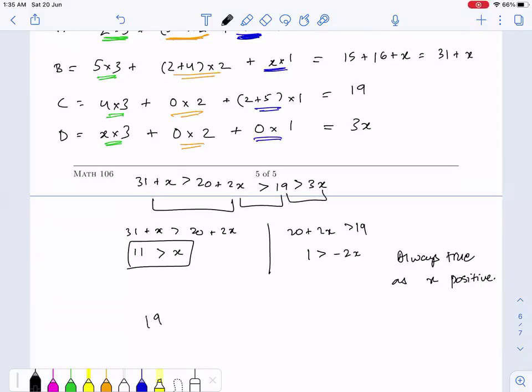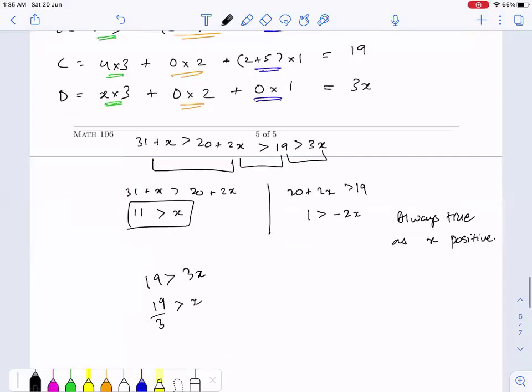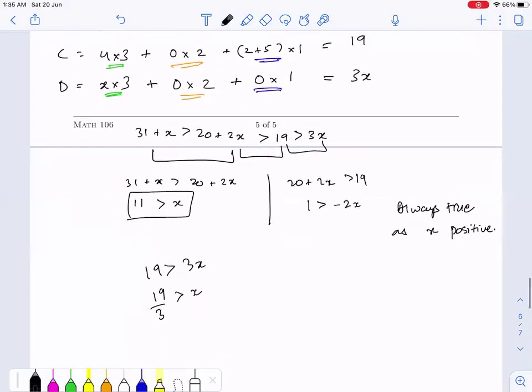Finally, 19 should be bigger than 3x, which means that 19 over 3 should be bigger than x, which means that this is something like 6 point something, 6.33, I guess. So let's take x so that it satisfies all these conditions.